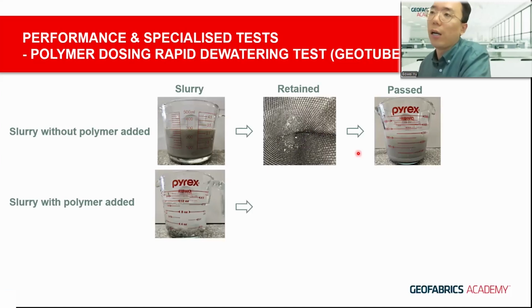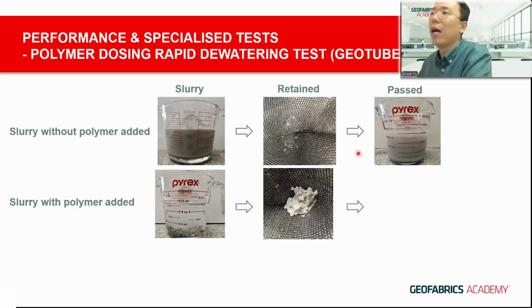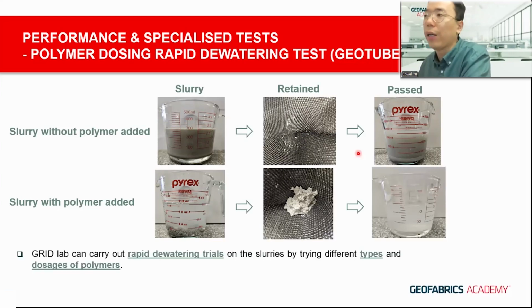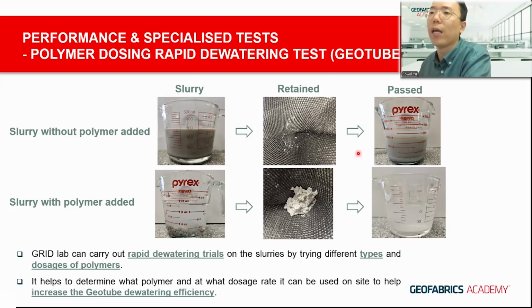However, once a small amount of polymer is added, in this case the flocculant, it helps to combine those fine particles together to form larger particles that can be retained on the GeoTube woven geotextiles, and hence helps increase the whole process efficiency here.